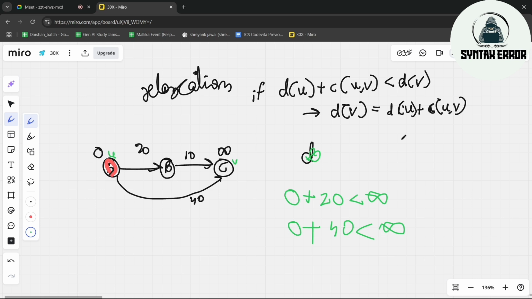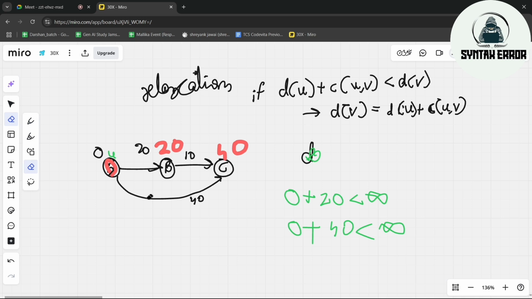We have to update our d of v with d of u plus c of u to v, which is 40. So this cost was 20, we have updated it, and now we have to update this cost also with 40. Then what will we do? We don't have any other directly linked with it.